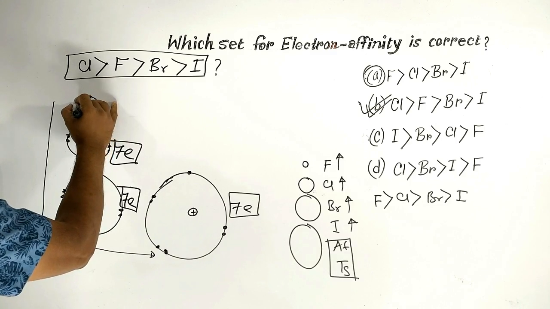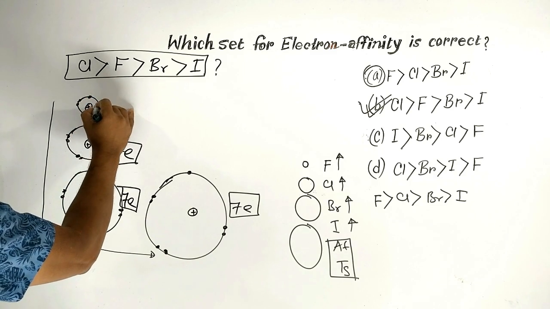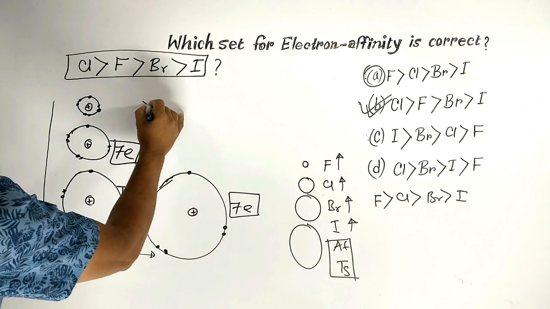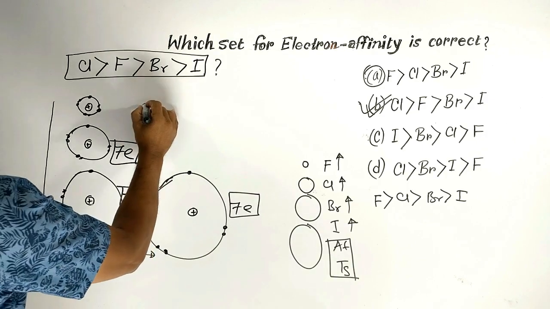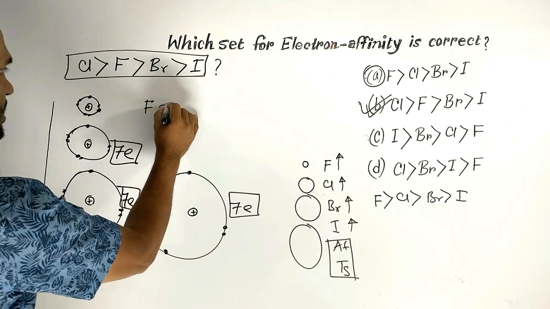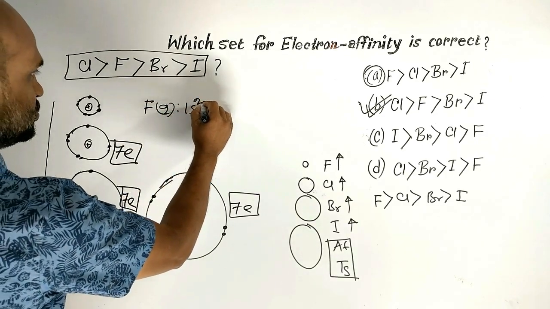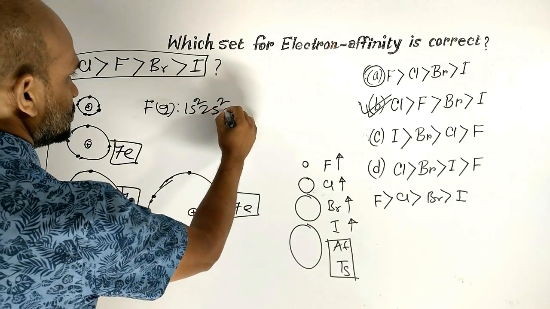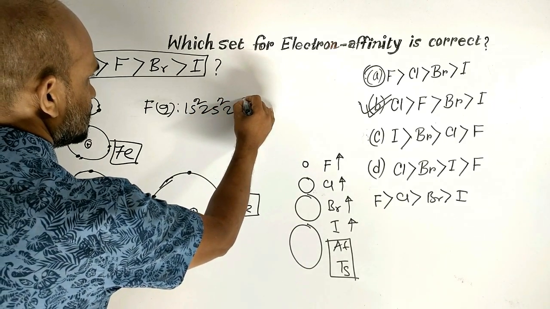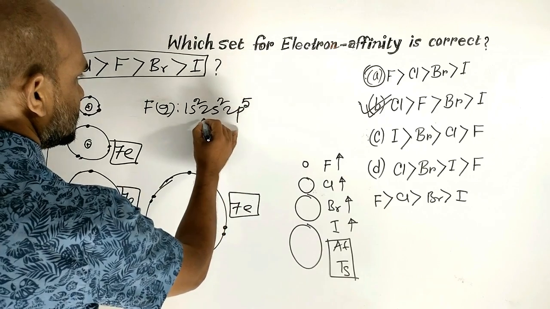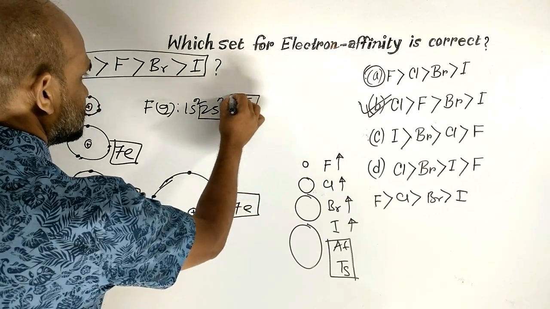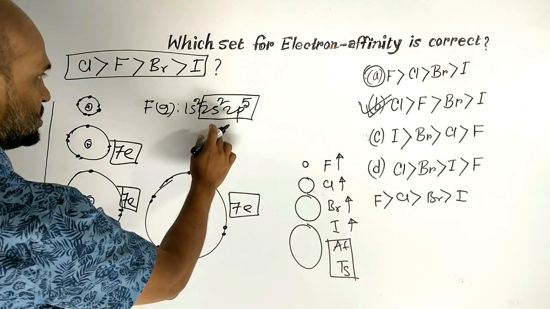Halogen, suppose fluorine, atomic number 9, 1s2, 2s2, 2p5. The outermost shell contains 7 electrons.